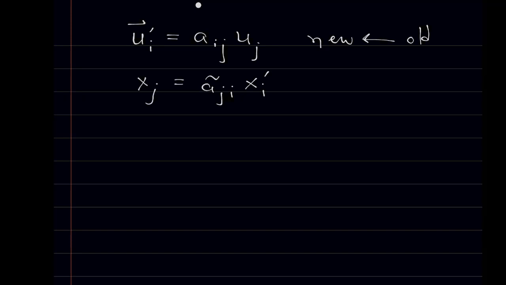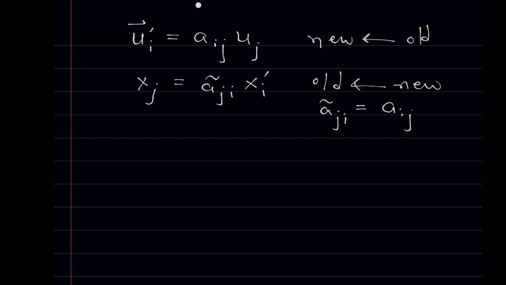So here we are going from new to old, and as I said, A tilde is actually the transpose of Aij. So if I just reverse the indices, that would do. Okay, so the tilde here is the transpose of it.